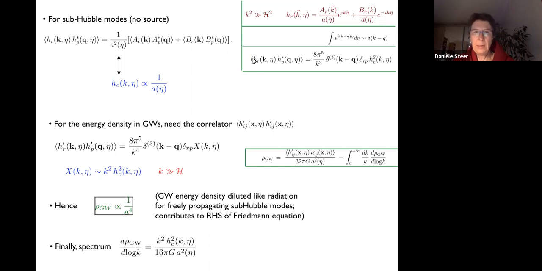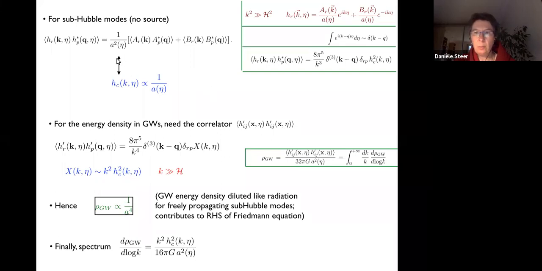Now, we need to take the average, or time average in this case, and using this expression, you can see, I think quite easily, that all the terms which have a plus sign will give a delta of k plus q, but k and q being the modulus of the vector, k plus q is not going to vanish. So in fact, the cross terms between A and B vanish, and you're only left with the terms in A A star and the terms in B B star.